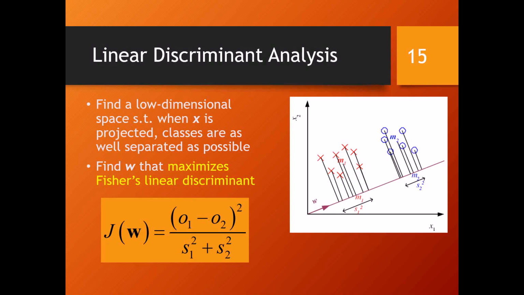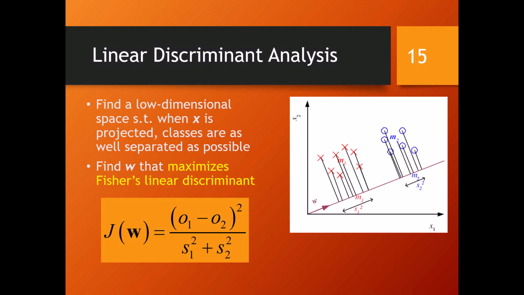So if you look at this, it means that when we do dimensionality reduction, we hope that we can find an approach so that when we project the high dimensional data onto a lower dimension, the means can be as far away as possible.